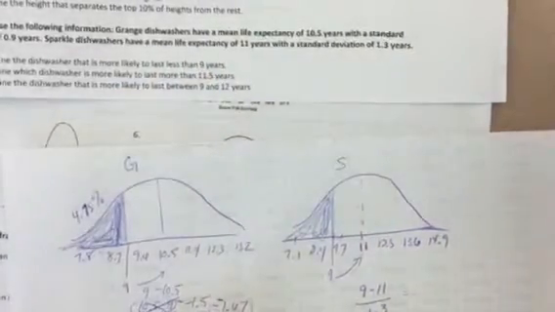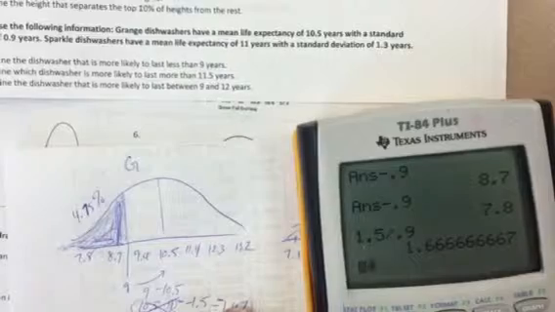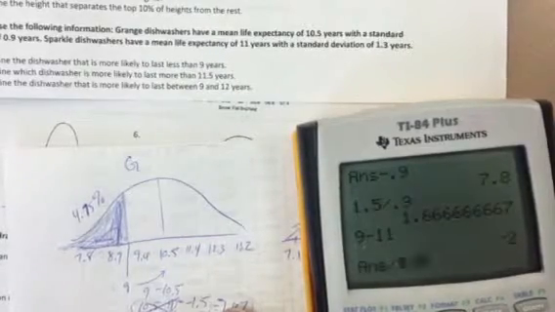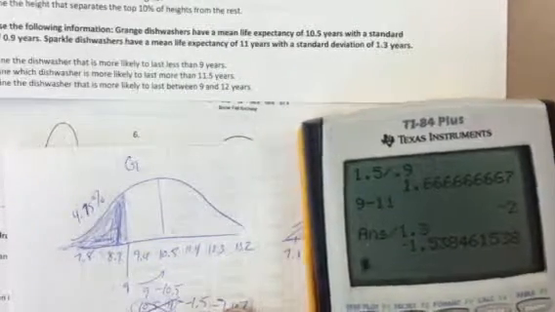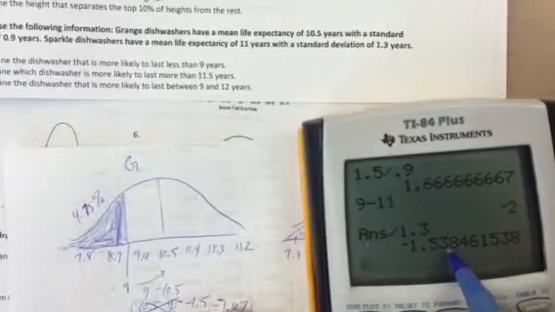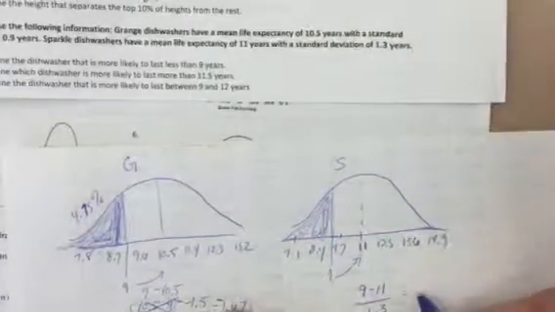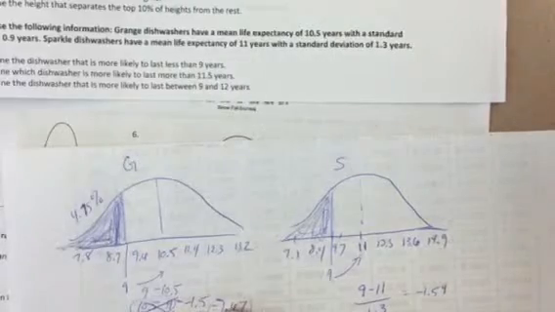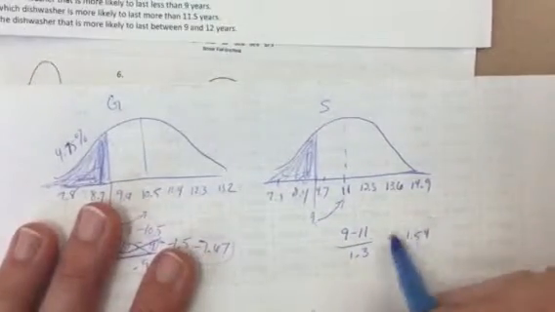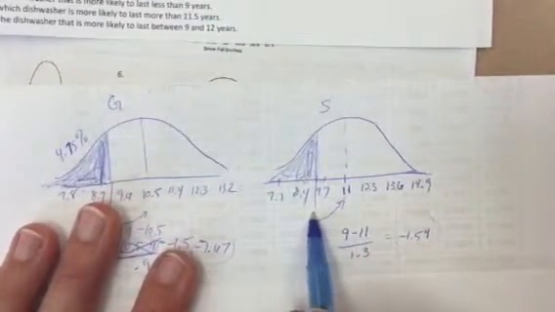So 9 minus 11 divided by 1.3, 1.54, rounding to the nearest hundredth, negative 1.54, right? So that's my z-score. That's how many standard deviations 9 is away.